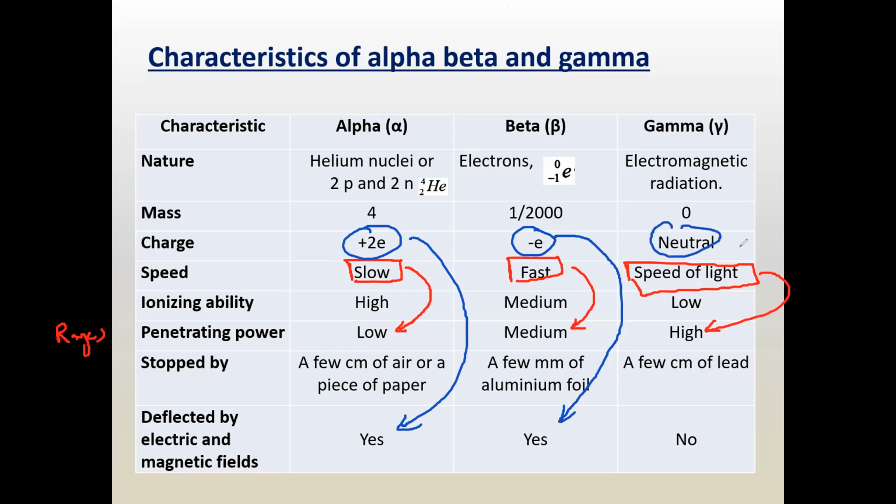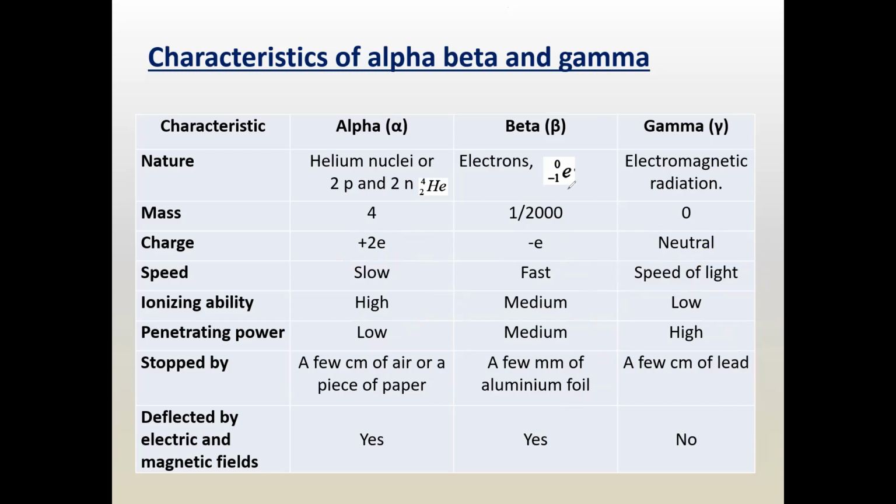And gamma is neutral, so there is no deflection. Deflection in electric and magnetic field depends on whether it is charged or uncharged. So this table is important, as it is related to the characteristics of alpha, beta, and gamma radiations.